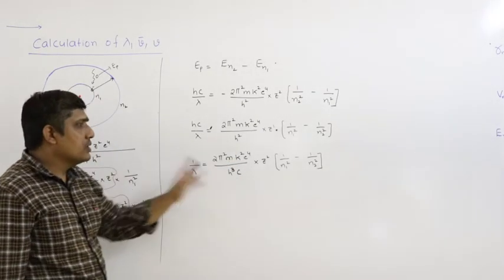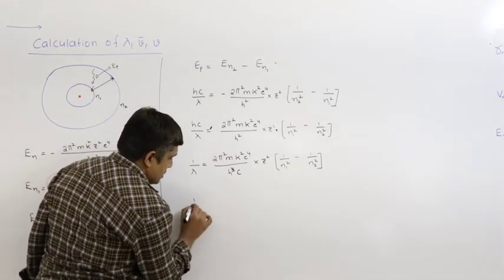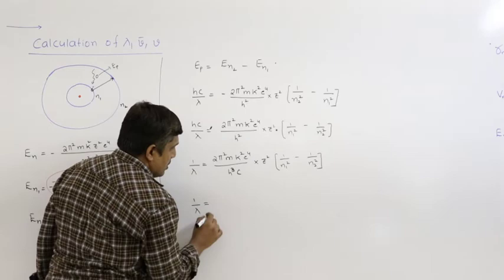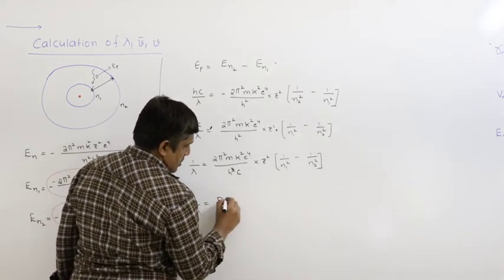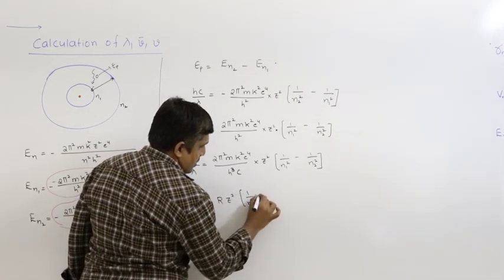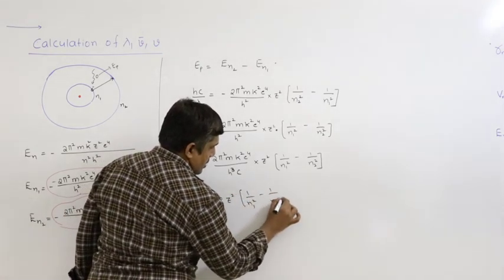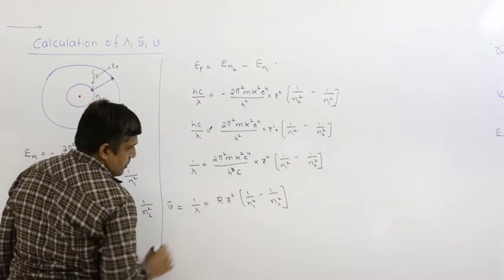So this is another constant which we call the Rydberg constant, R, times Z² × (1/n1² minus 1/n2²). So 1 by lambda is nothing but nu bar, the wave number.